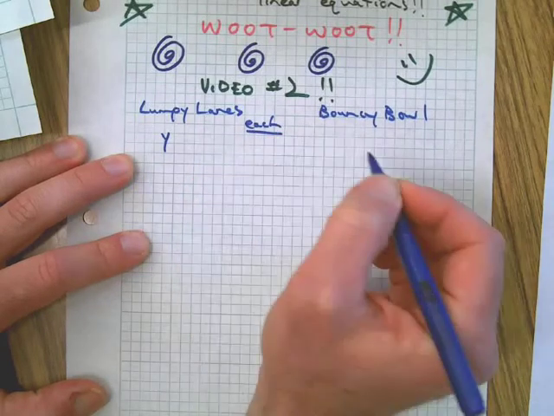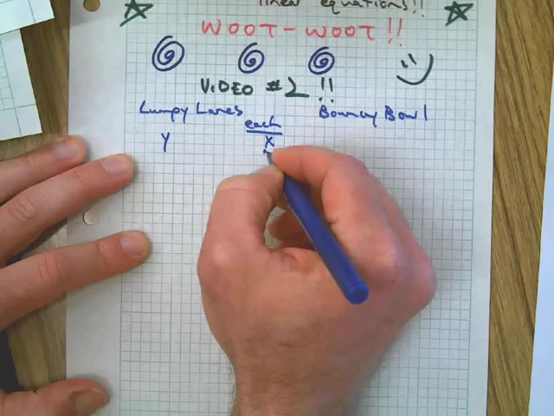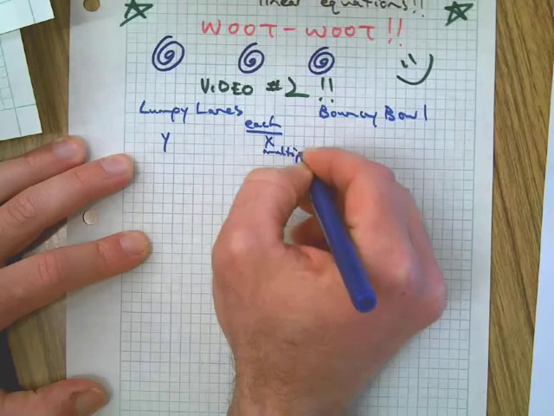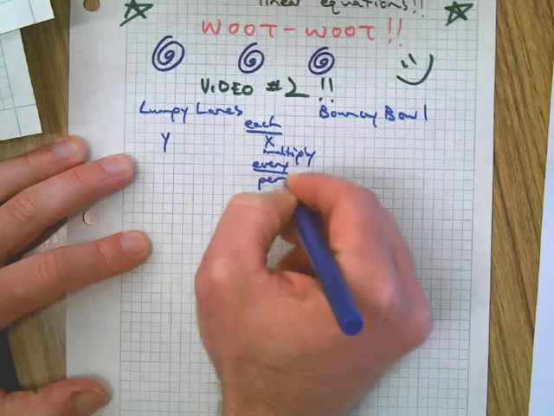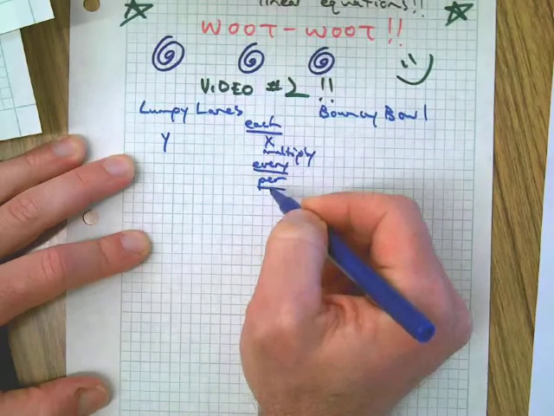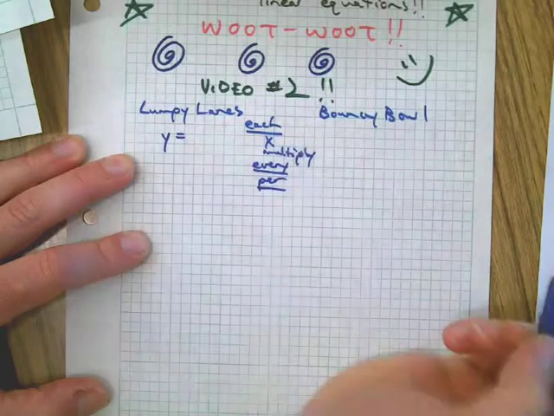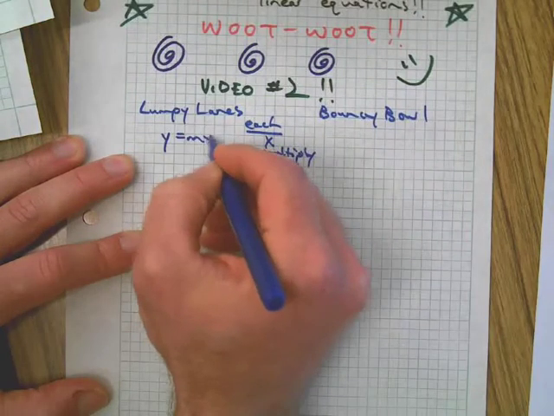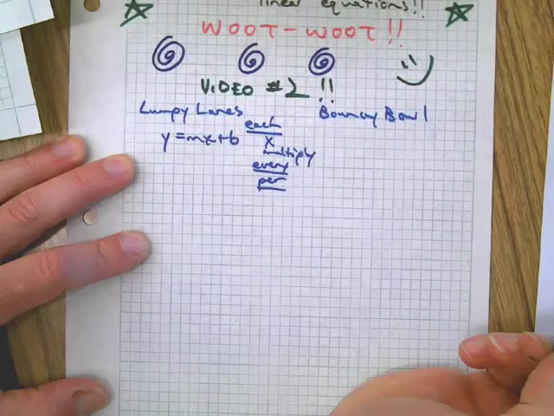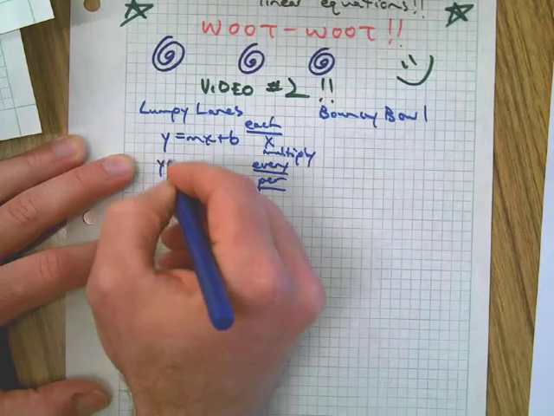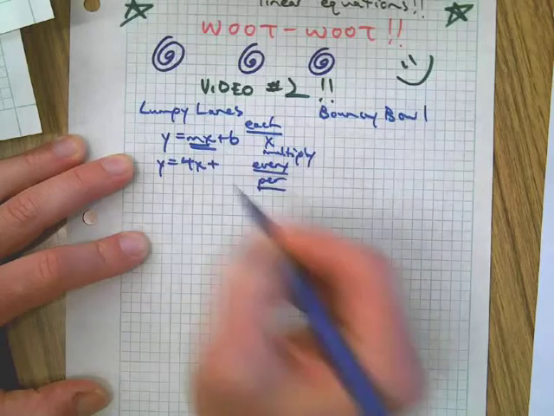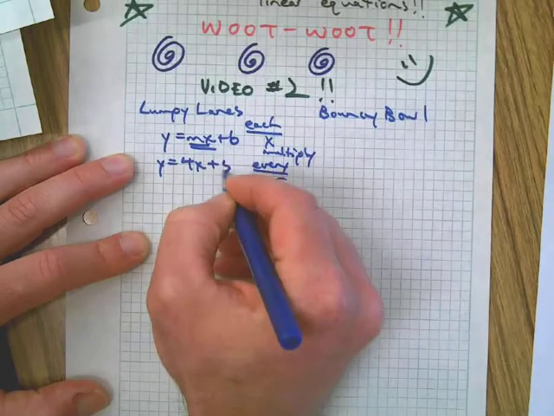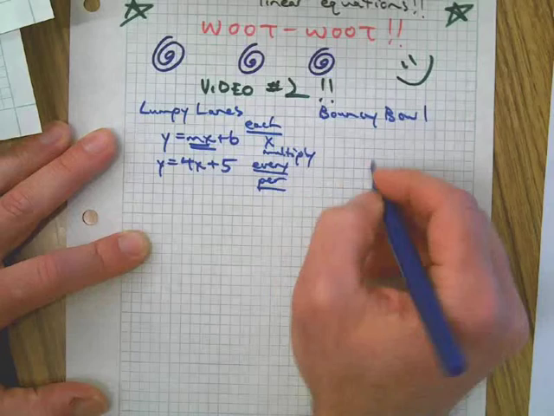Each game means we're multiplying. When you see a word like each, every, per, any word like that means you're multiplying. So since we're using y equals mx plus b, remember our slope-intercept form, if it's $4 for each game, there's the multiplying, so that goes there. And the shoes, $5. So there's the equation for Lumpy Lanes.